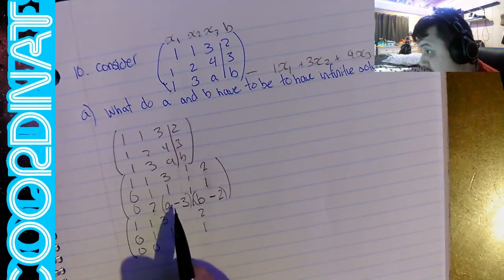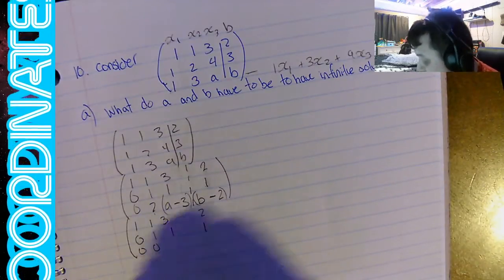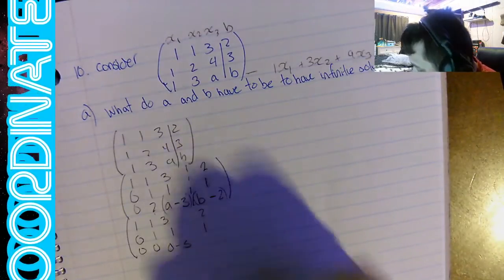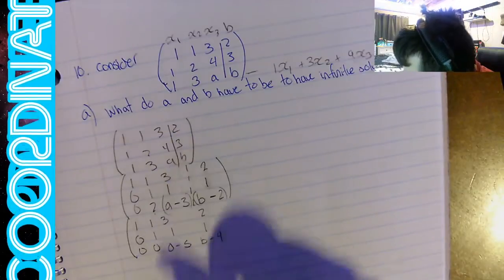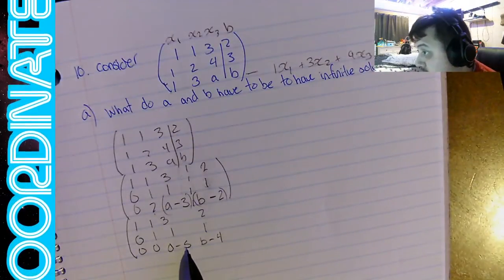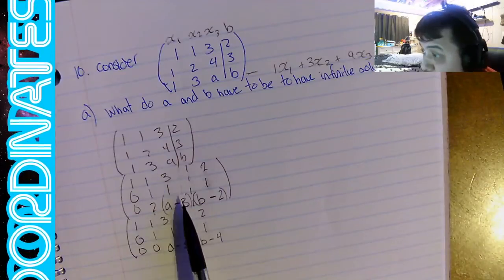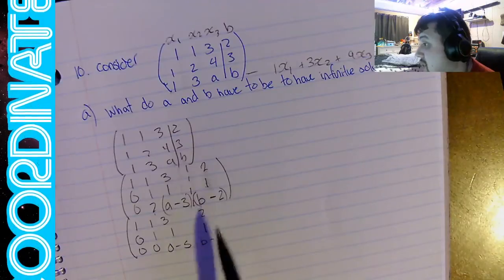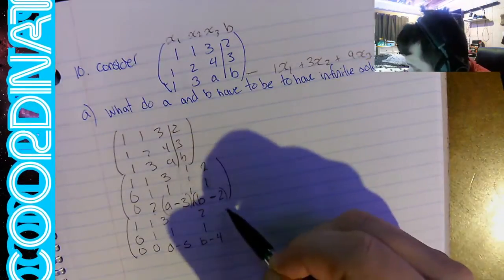Negative 2 plus this is going to be a negative 5. Negative 2 plus this is b minus 4. What's happening is I'm adding it to the totals, right? Because negative 3 plus negative 2 is going to be negative 5. Negative 2 plus negative 2 is going to be negative 4.